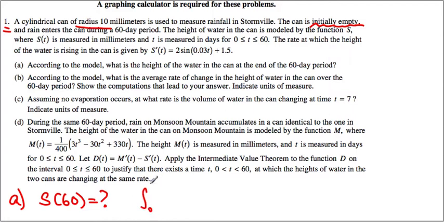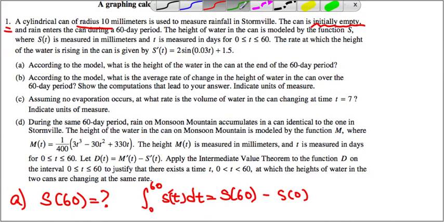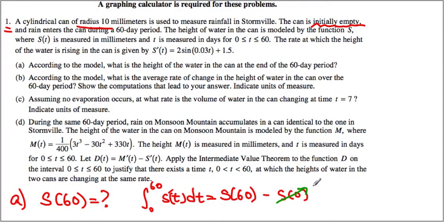The integral from 0 to 60 of S prime of t dt would have given us, by the fundamental theorem of calculus, S of 60 minus S of 0. But we know the value of S of 0 because they mentioned that initially it was empty. That tells us that this value must be equal to 0 to begin with.